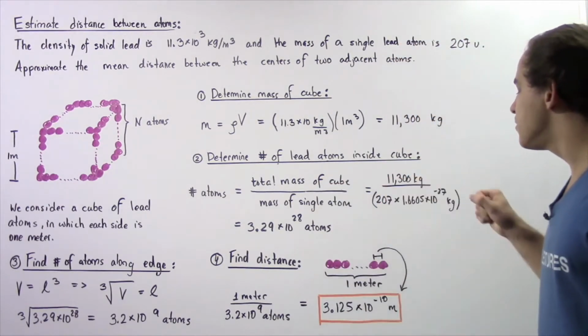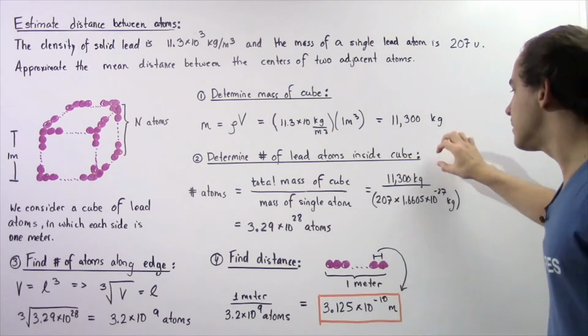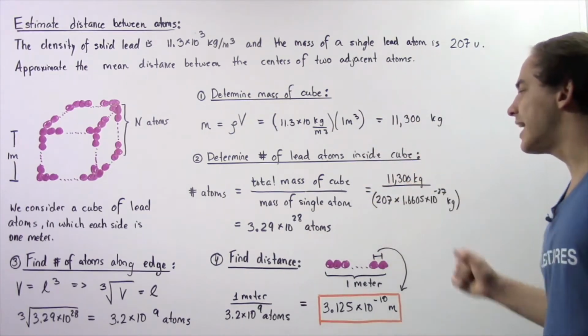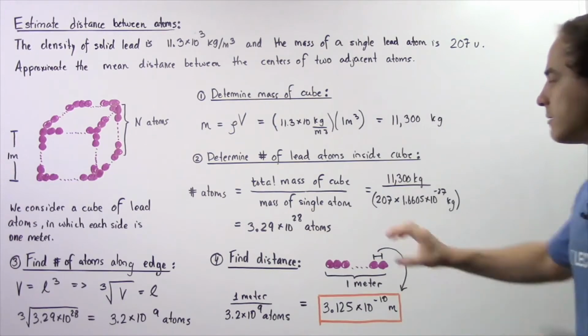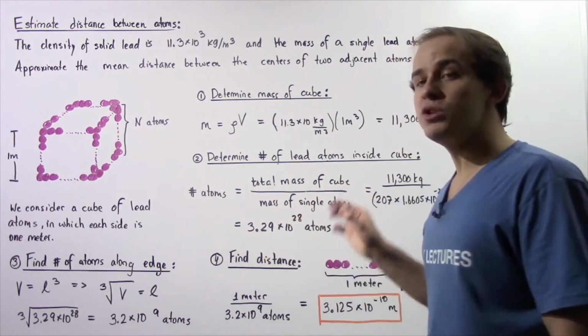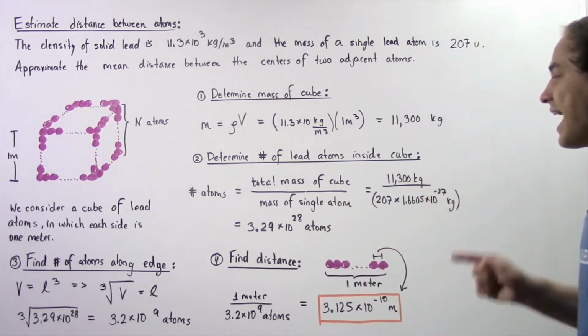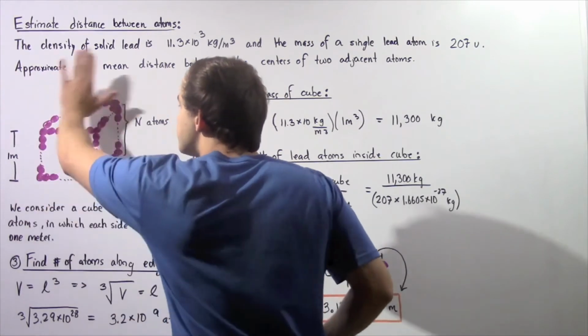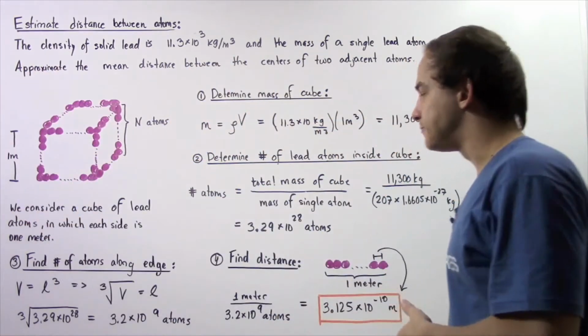So we have 11,300 kilograms, the total mass, divided by the mass of a single lead atom in kilograms, and we get approximately 3.29 times 10 to the 28 lead atoms found in this volume of lead.